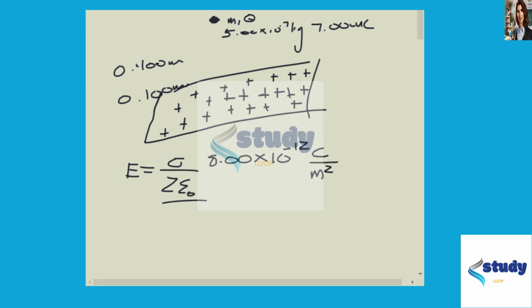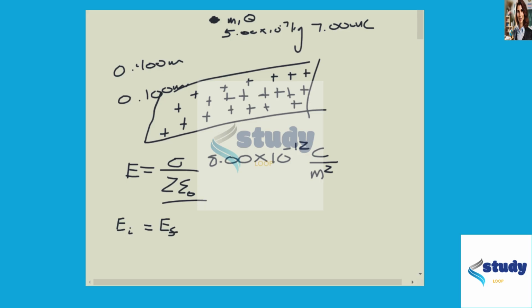Initially it has a speed of 0 meters per second, and now we're interested in its final speed. So we have to use energy conservation, so the initial energy is going to be equivalent to the final energy. There's no kinetic energy initially, so all the energy will be due to the position in the electric field.